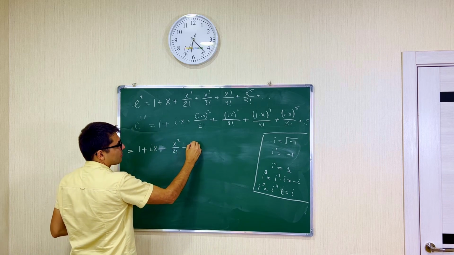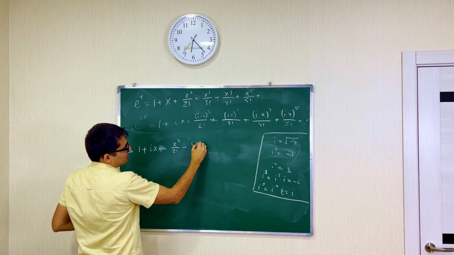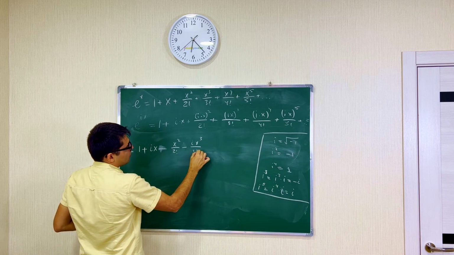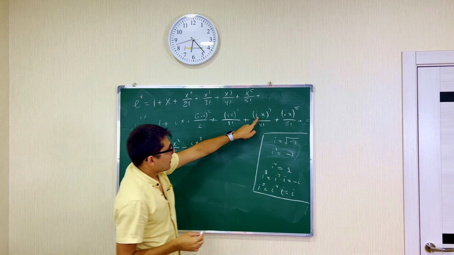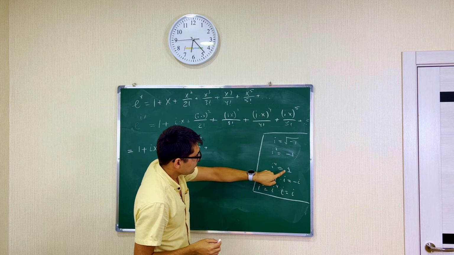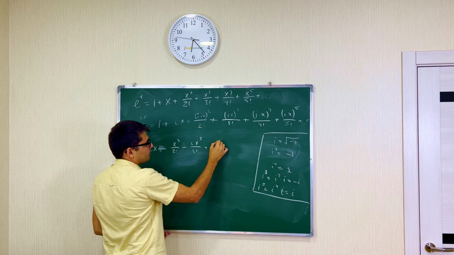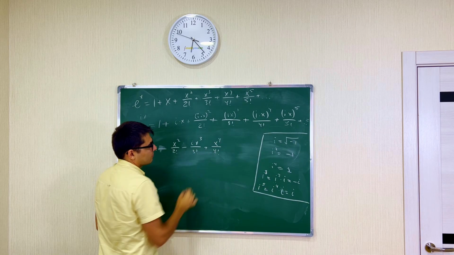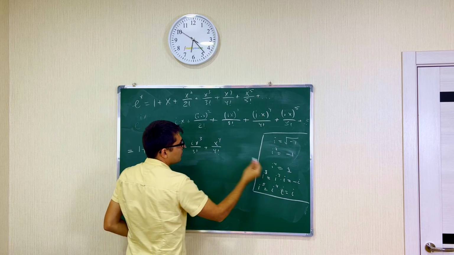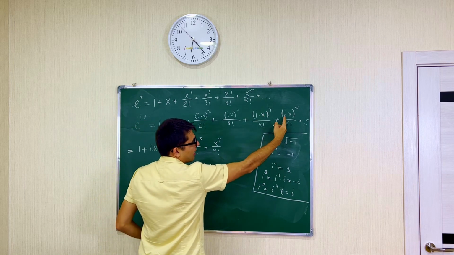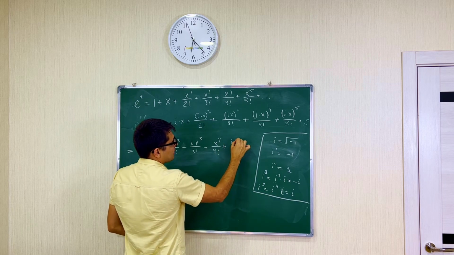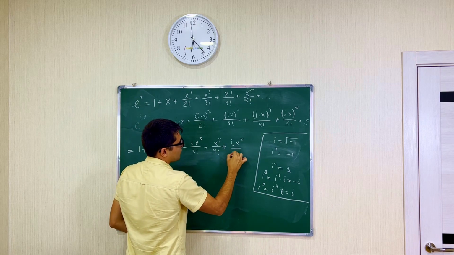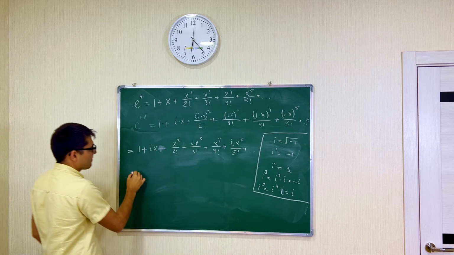So negative i, let me write like this, i x cubed over 3 factorial, plus now i to the power of 4, it's just x to the power of 4 over 4 factorial, because i to the power of 4 is 1. And again I have i to the power of 5, which is i, so it's i x to the 5 over 5 factorial, plus.